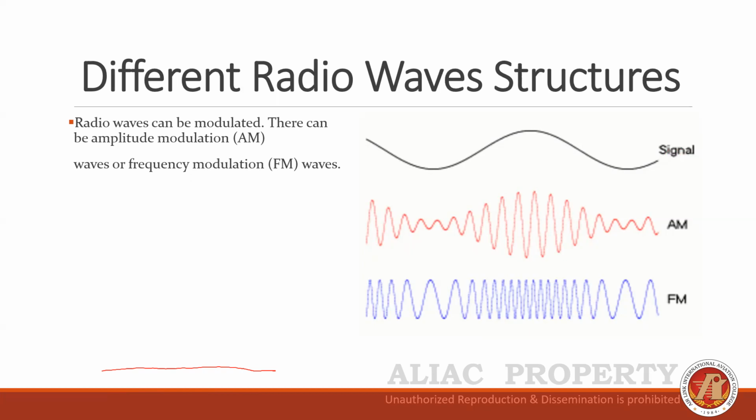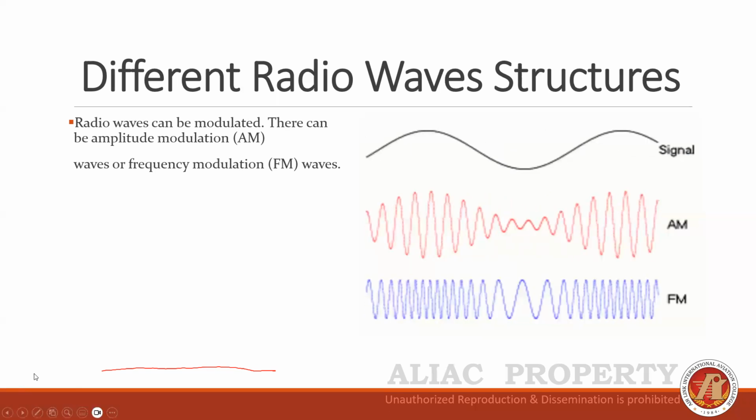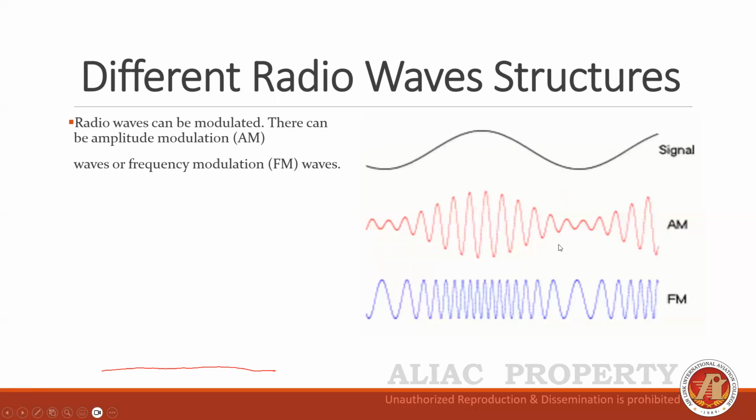And of course, FM also comes in here. The difference is how the carrier wave is modulated or altered. In AM radio, the amplitude or overall strength of the signal is varied to incorporate the sound information. With FM, the frequency of the carrier signal is varied. If you look here, that is the difference between AM and FM.